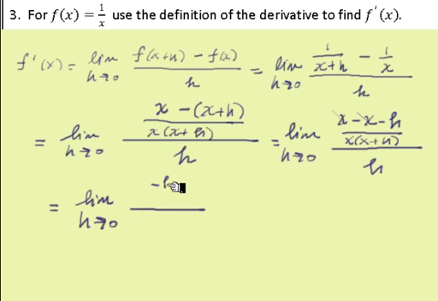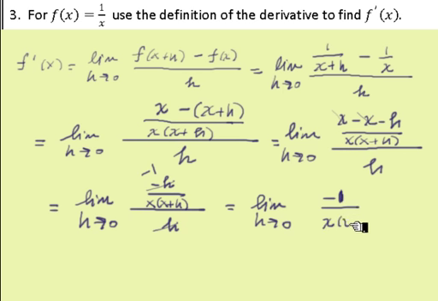So here we have a negative h. Now we can cancel these, leaving a minus 1 here in the numerator. So we have limit as h goes to 0, after we do our canceling, of minus 1 over x times x plus h.